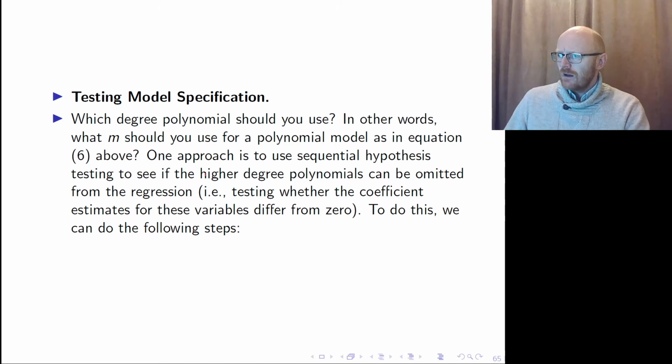Well, one approach is to use a sequential hypothesis test to see whether or not the highest degree polynomial can be omitted from the equation. If the beta is different from 0, statistically speaking, then you include it in the model.